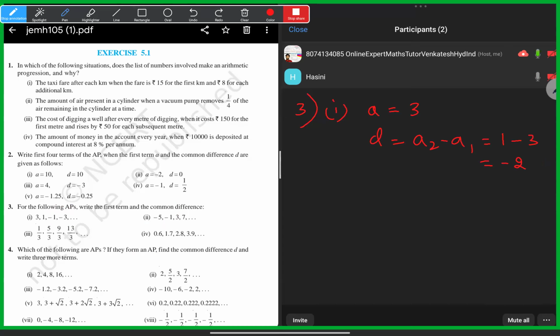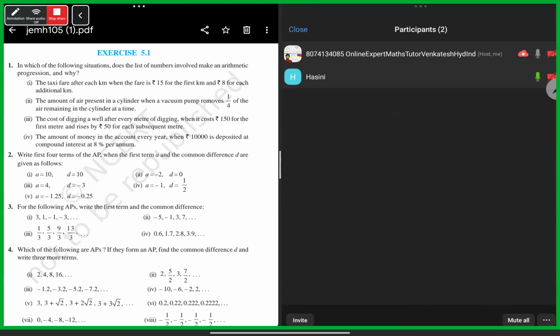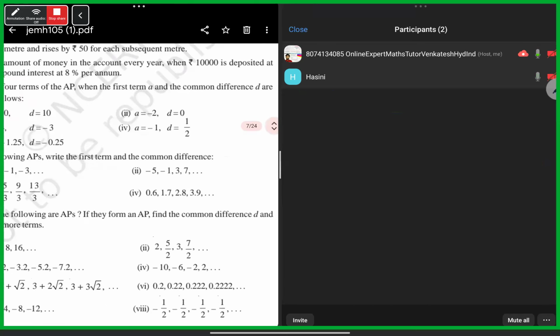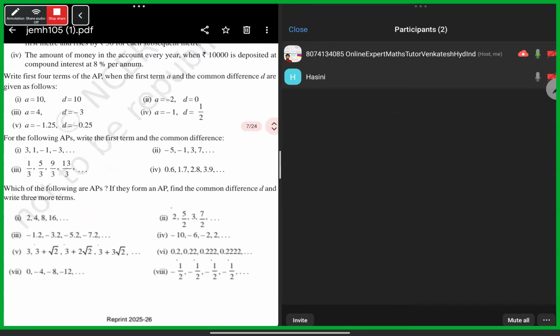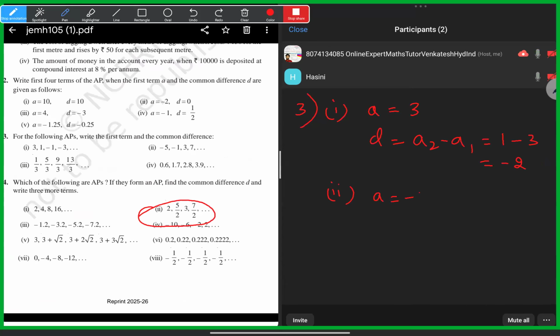Then second bit, Asmi. Again, if you see the second bit, first term is how much? Minus 5. Yes, first term is minus 5. So A is minus 5.